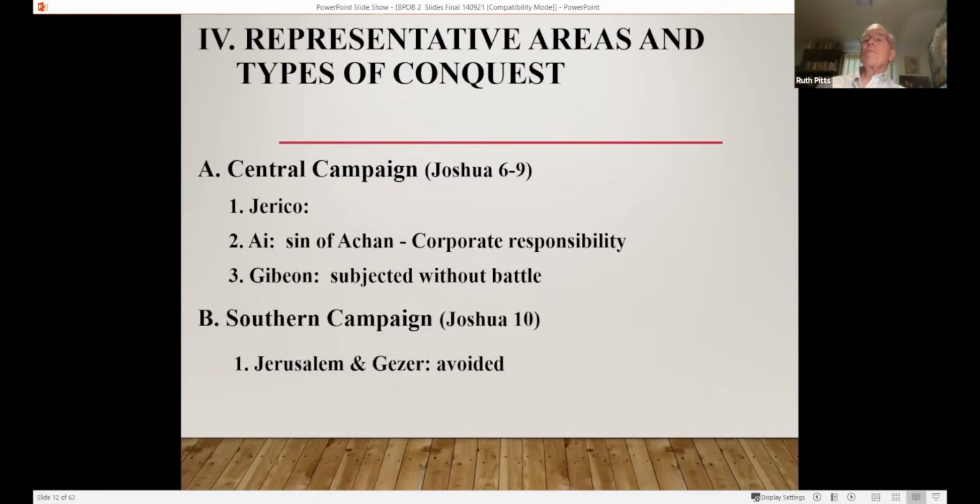So they found out who that was, and they killed all the members of this family. So there's this notion of not just individual responsibility, but corporate responsibility in this ancient society. This is a real downer. This would be like taking your army in and defeating Houston and then losing a couple of days later to Conroe.